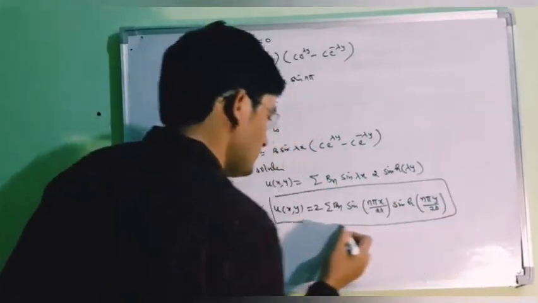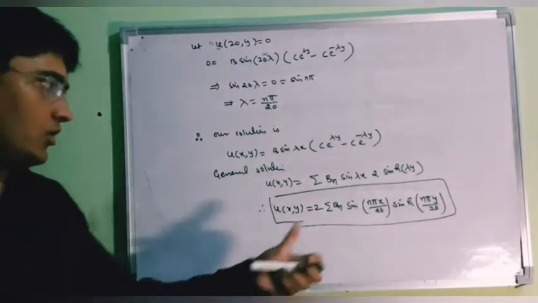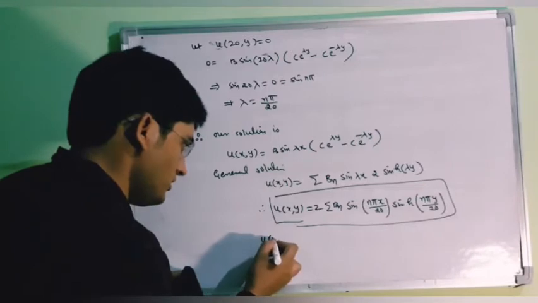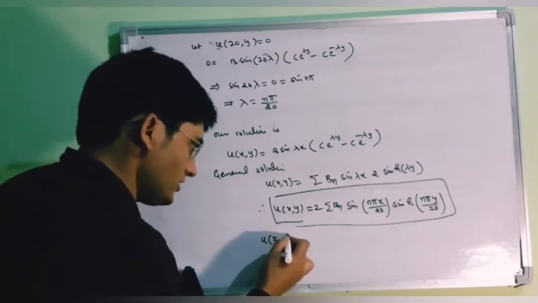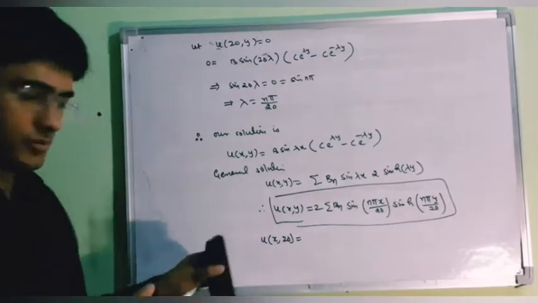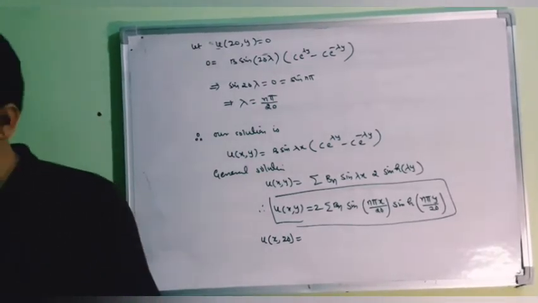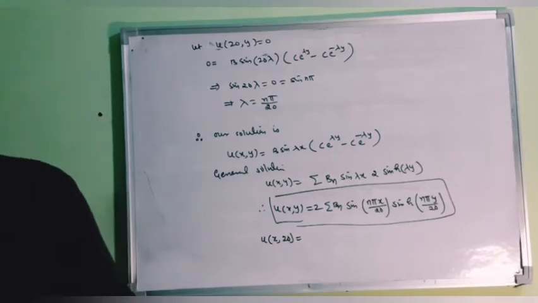Now let us apply the fourth boundary condition to get the value of bn. The fourth boundary condition was, I think, when your y is 20, the temperature for this edge was x(20 - x).